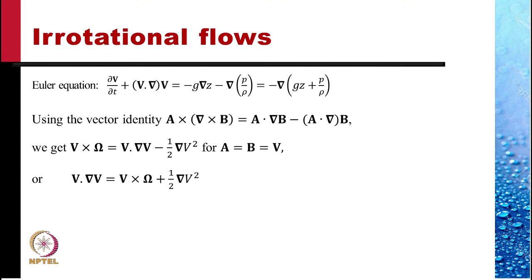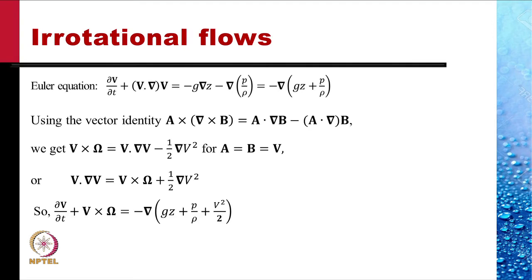And using this in the governing equation, we get del V by del t plus V cross omega is equal to minus del of (g z plus p by rho plus V square by 2).